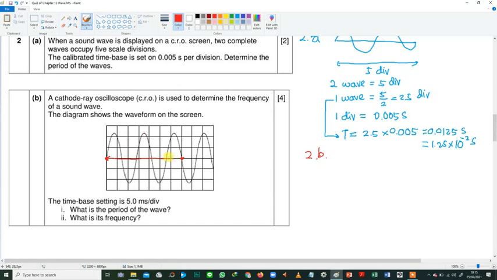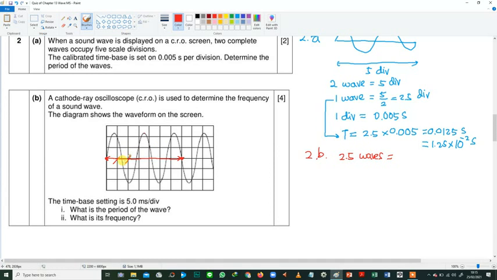What should you do? You have to calculate first the waves. Remember, 1 wave is 1 crest and 1 trough. So this is 1, and after that this is 2. Now this is only a half. So in here we have 2.5 waves. Correct? Yes. So 2.5 waves is equal to how many divisions?